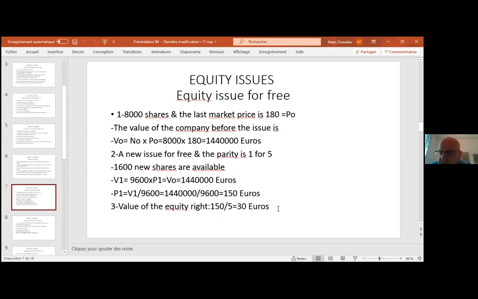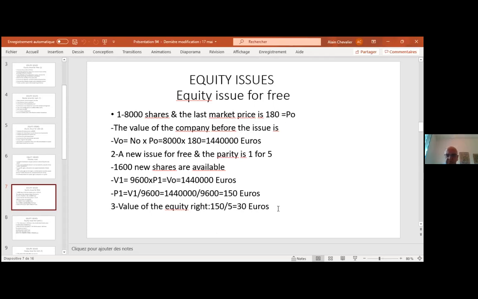If you are an original shareholder with, for example, 7 shares, and there is the announcement of the equity issue for free, what can you do? Of course, you can use 5 out of your 7 equity rights, go to the bank and ask for a new share. That is something you can do, and you will get a new share.